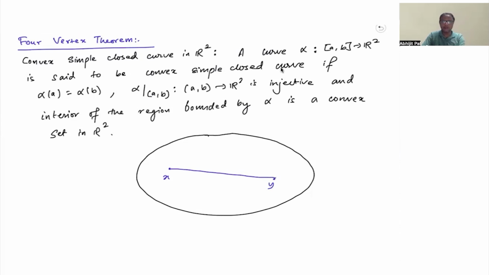So this is the meaning of a convex set. Therefore, I have defined a simple closed curve which is convex.